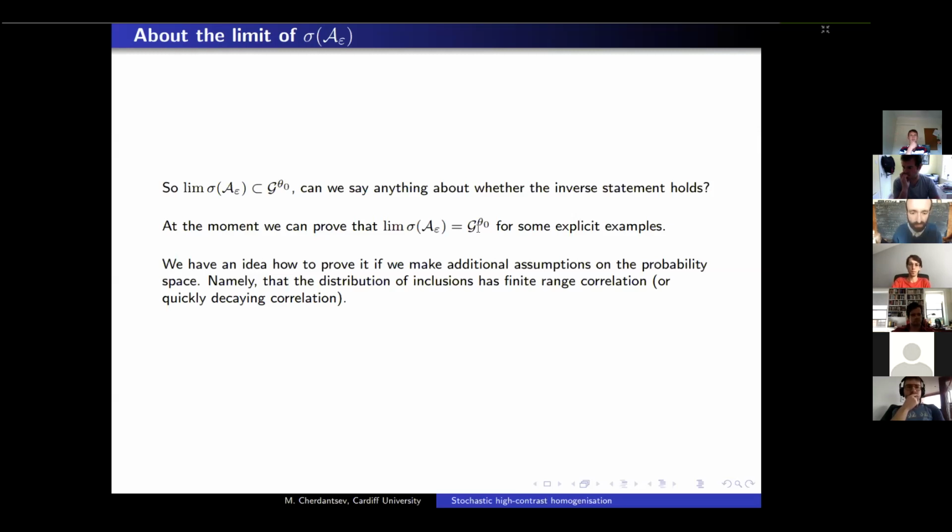We only make some technical assumptions that certain measurability properties are satisfied, but they are rather natural. The only essential assumption is the possibility of extending the function from outside the inclusion inside, so that you control the gradients. It means that inclusions shouldn't come to each other too closely. If you assume that there is a minimal distance between any two inclusions, then the extension property is met.